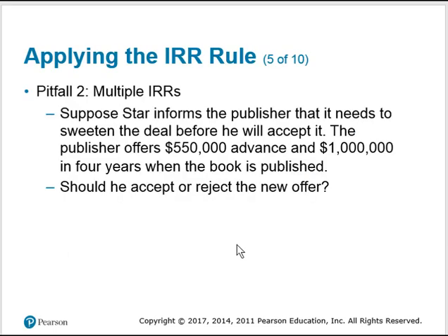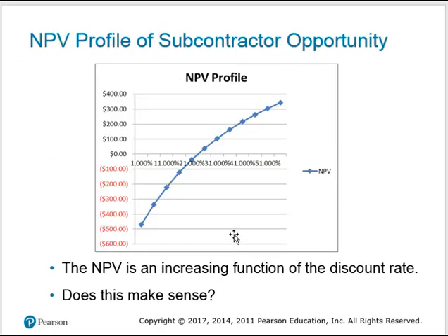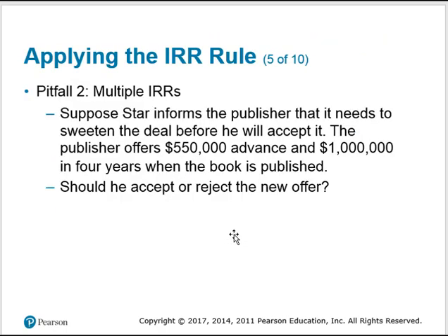What about multiple internal rates of return? Again, in this case, they're going to offer us $550,000 in advance. And then over the next 4 years, we're going to get cash flows. And then we're going to get $100,000, we're going to get $1 million in 4 years when the book is published. Should we accept this project?